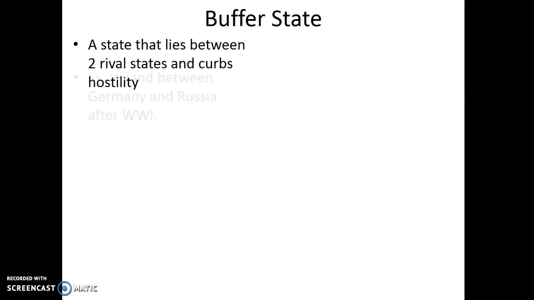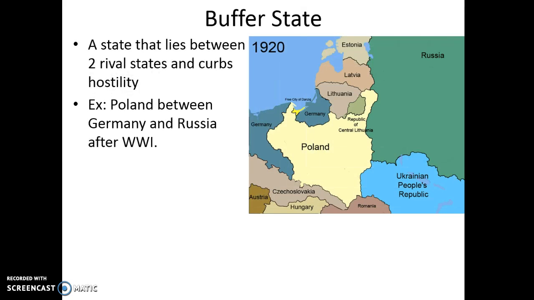Now, something else: a buffer state is a country that is in between two warring countries. Like Poland would be a buffer state between Germany and Russia. Mongolia was a buffer state between the Soviet Union and China in the 50s, 60s, 70s.